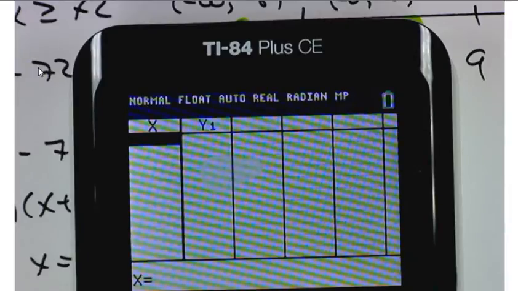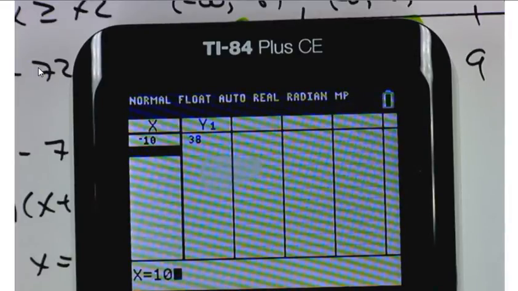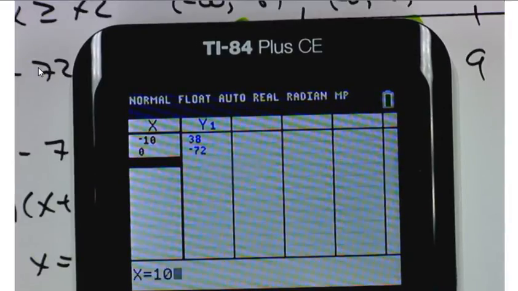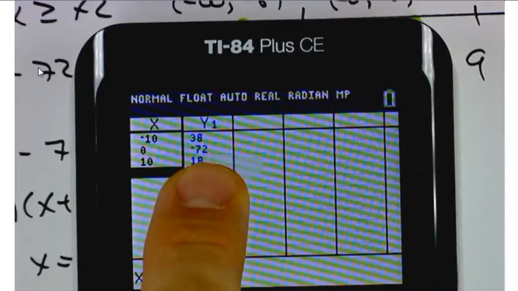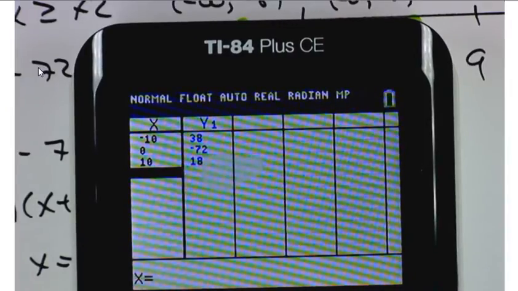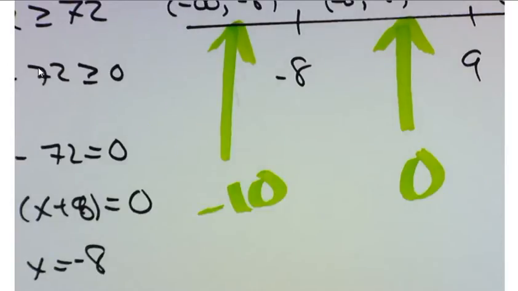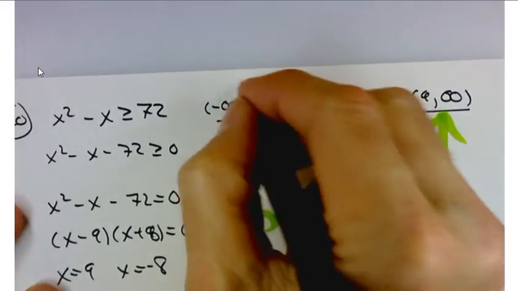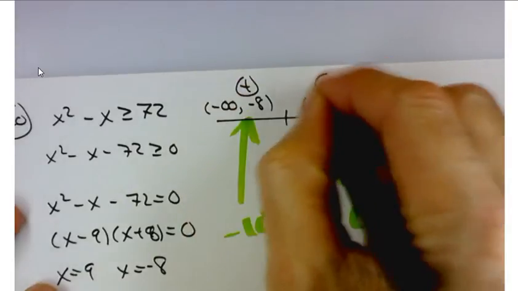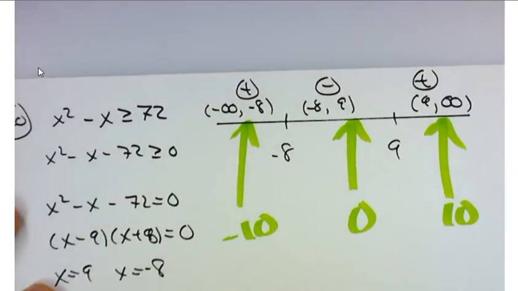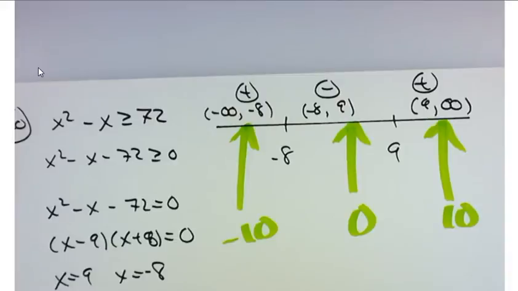So negative 10, 0, and 10. The big important thing to see is we got a familiar pattern: positive, negative, positive. So let's write that down: plus, negative, plus. Which intervals do we want, the positive or the negative ones?